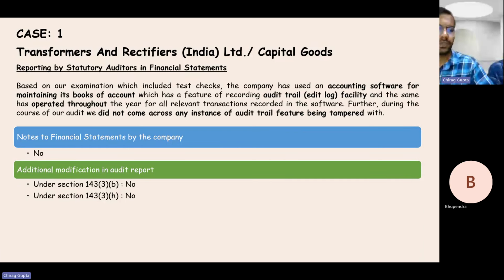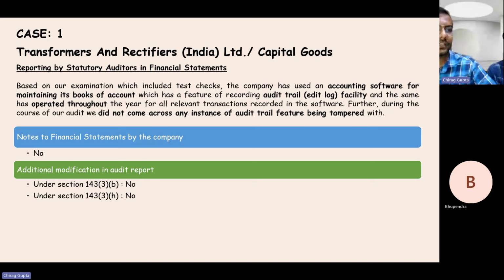Also, a company can voluntarily choose whether to say something about the audit trail in the notes to financial statements or not. It is voluntary, but the auditor is required to report on the audit trail.